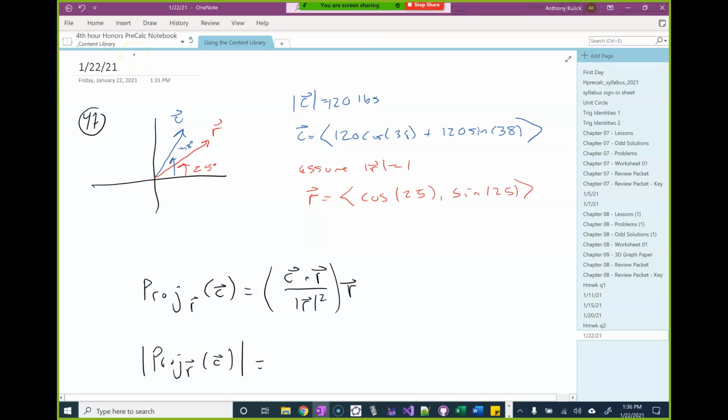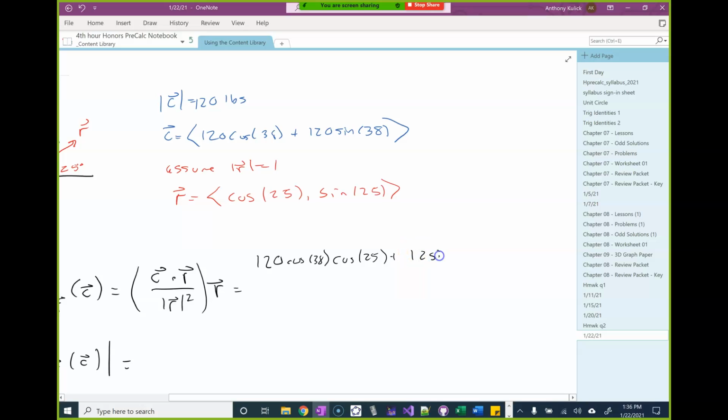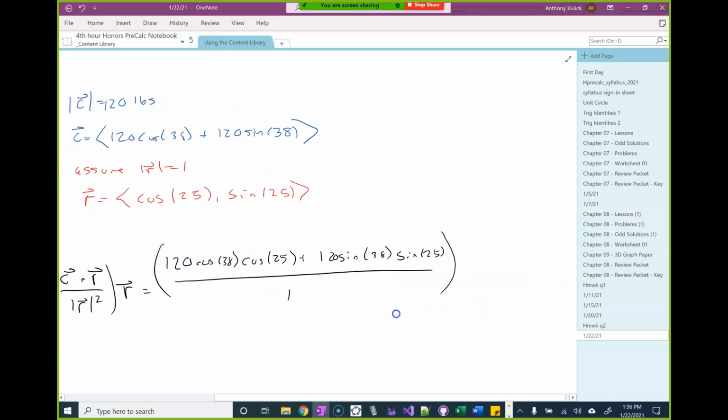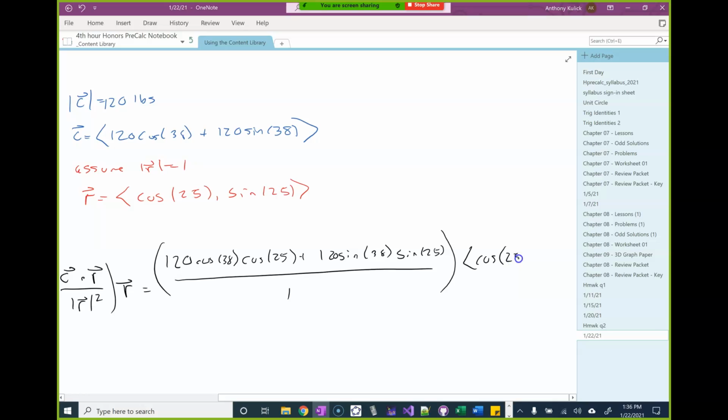Those are my vectors C and R, and I'm going to plug those into my formula: 120 cosine 38 times cosine 25 plus 120 sine 38 times sine 25, all over 1, times the vector cosine 25, sine 25.